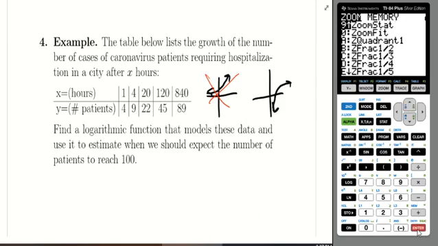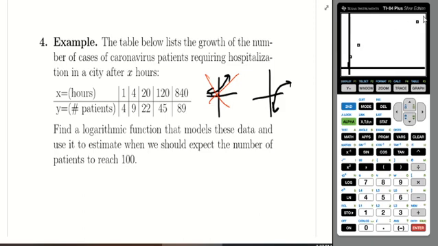It will automatically change my window. Look, there's what it looks like. It looks kind of like this motion here. That's not exponential. So we're going to try a logarithmic function to model these data.